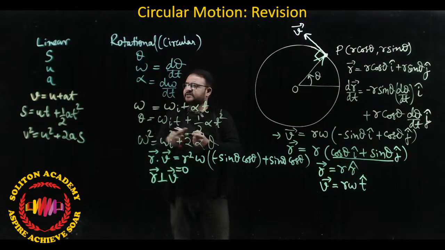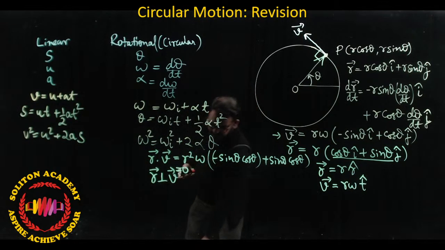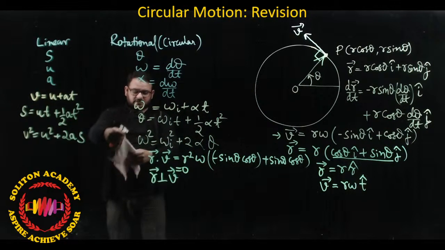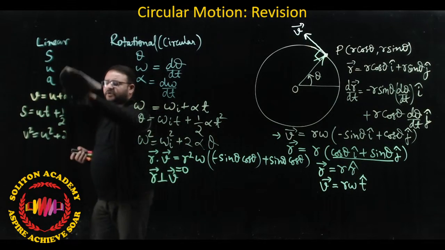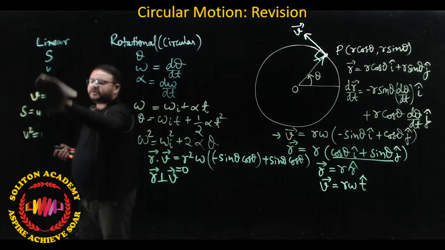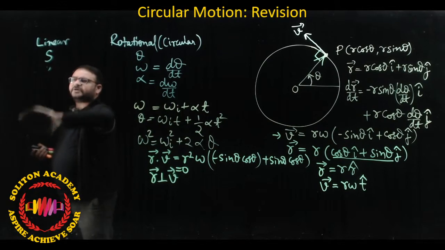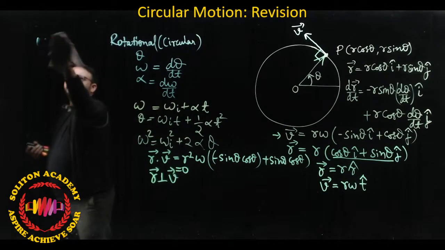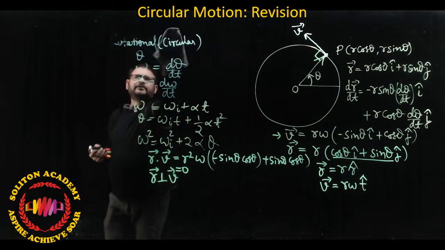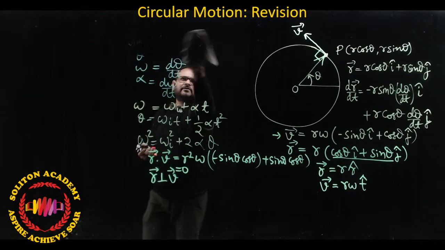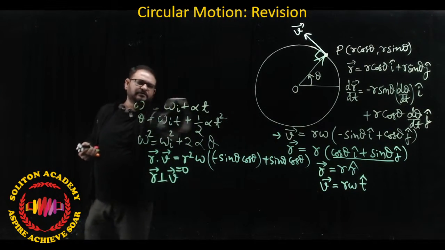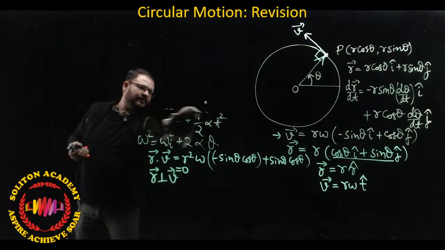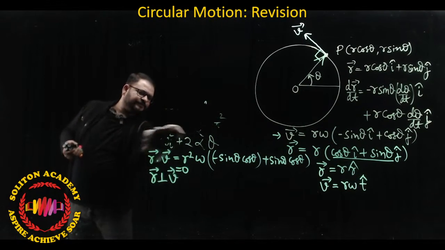Let's clear this board and we'll do it here. So just by simplest derivation without any memory, you can in 30 seconds revise the key concepts, and you will notice all of the questions that were asked in circular motion were based on theory that I am doing. So let's be very focused.